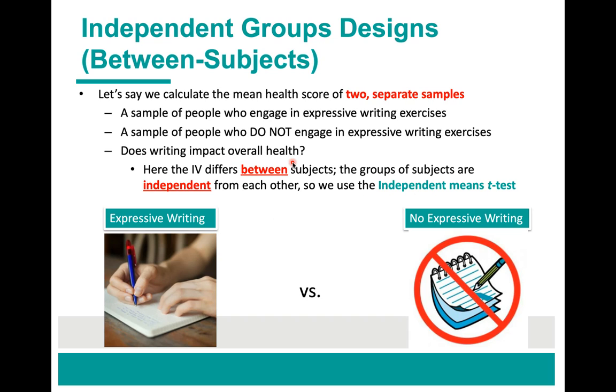Let's just say we give them a survey with a bunch of questions, and then it collapses into a single measurement, a single number that quantifies their health. And we want to see, does expressive writing impact health versus people who do not engage in expressive writing? So our independent variable, the thing that we manipulate, is expressive writing. Our dependent variable, the thing that we measure, is health.